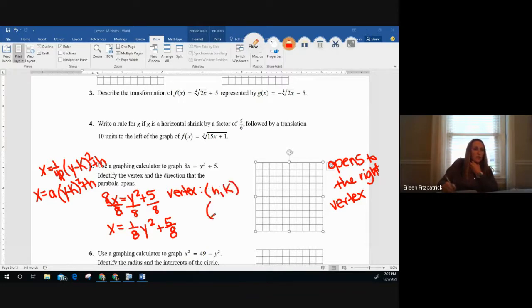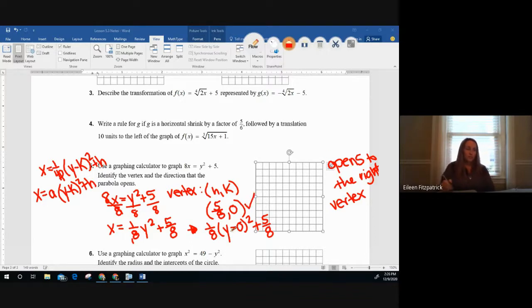So your vertex is going to be 5/8 comma 0, because your h value is 5/8 and there is no k value. I could rewrite it as y minus 0 squared plus 5/8 so that you could see that is a k value of 0. Okay, so there's your vertex.